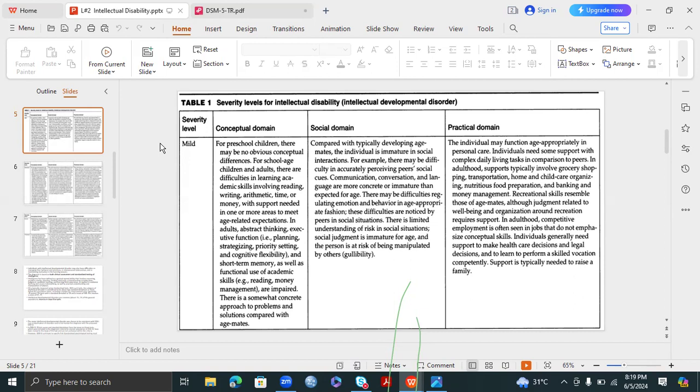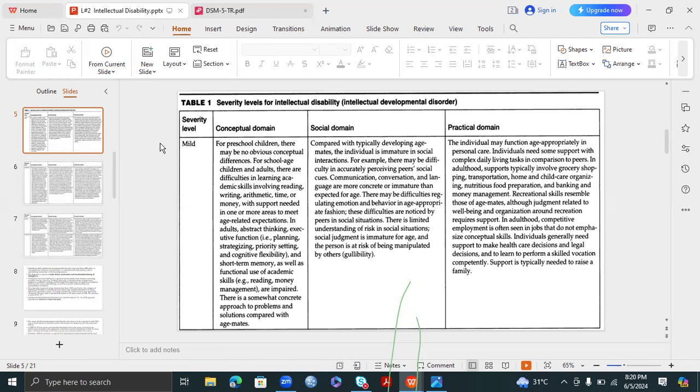In adults, mild severity level can be seen as having problems with executive functioning and multitasking. They won't be able to do abstract thinking, cognitive flexibility would be lacking, or the short-term memory is not very good. They would be having this kind of problem in terms of the conceptual domain.